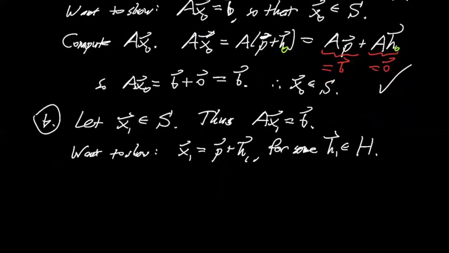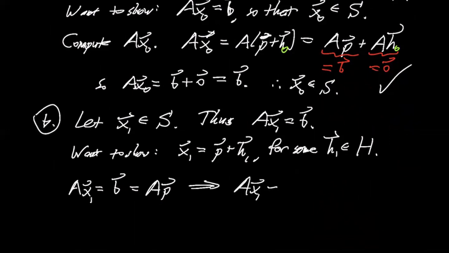Okay, it's a little bit hard to do that directly, but let's notice something. We have Ax1 equals b, but also AP equals B, because P was chosen as this particular solution, right? And that means Ax1 minus AP is 0.